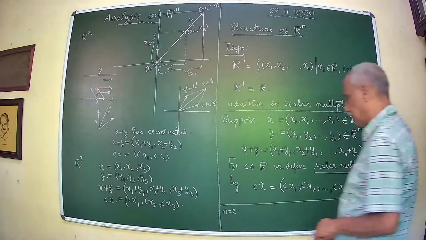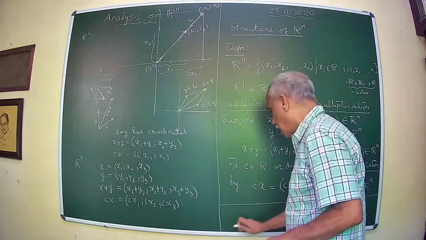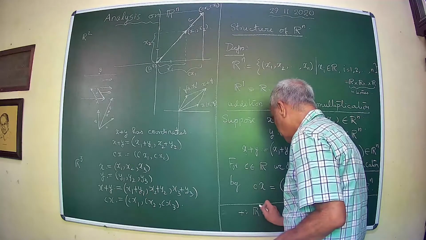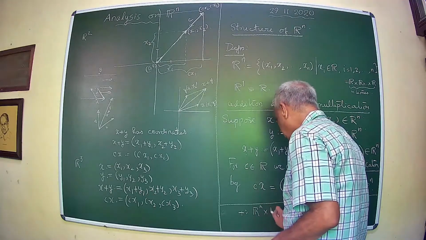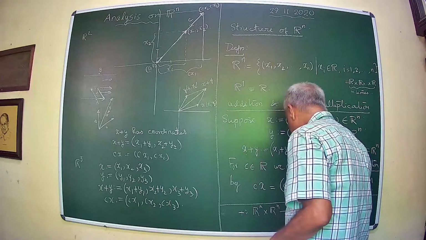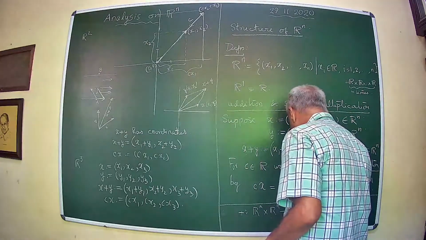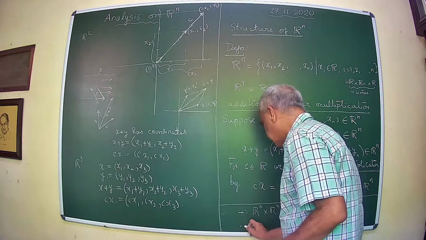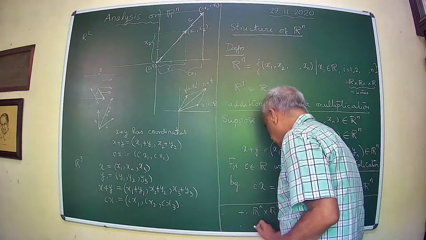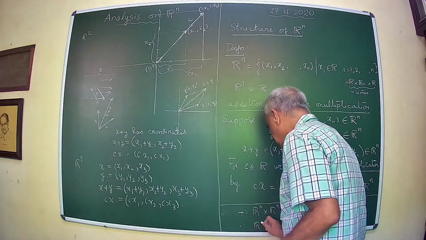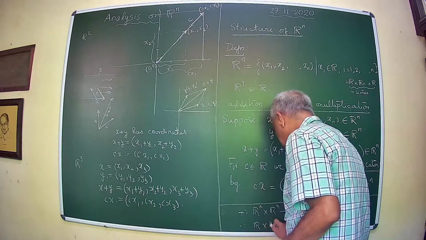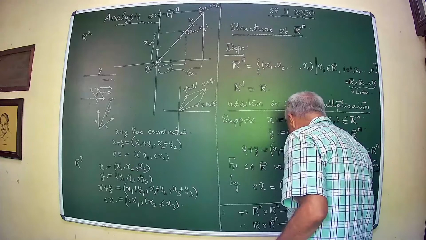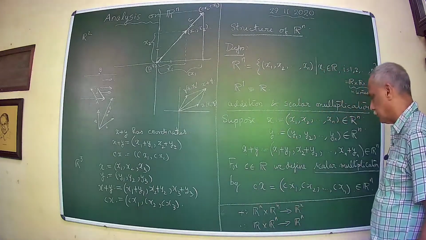So essentially, addition is a map from Rn cross Rn to Rn, and multiplication is from R cross Rn to Rn.